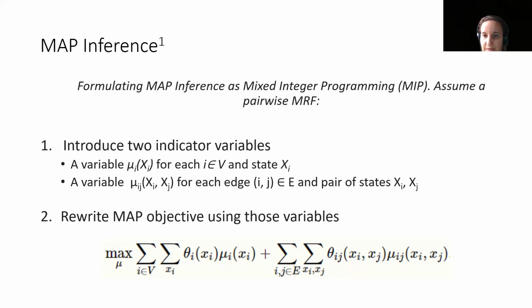For every variable of the original problem, for every variable xi, we introduce an indicator variable mxi, which is for every state of xi, for every value that xi can get. So if xi has 3 states, 1, 2, 3, then we introduce 3 new variables, m1, m2, and m3.